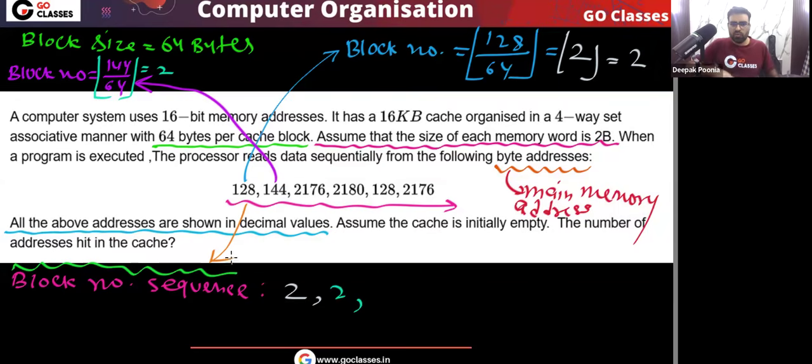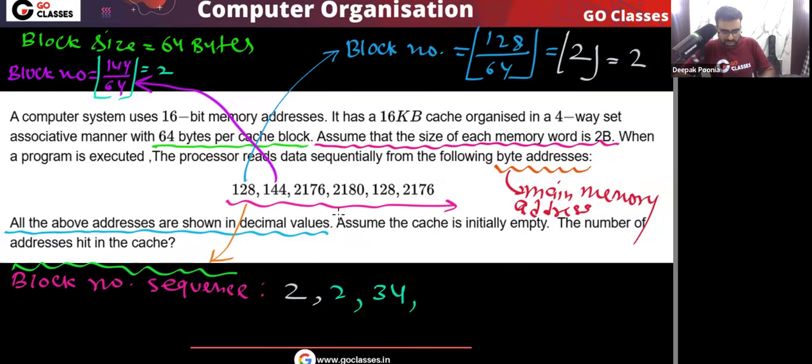What about 2176? Let's divide 2176 by 64. That is exactly 34. That's it, very simple.